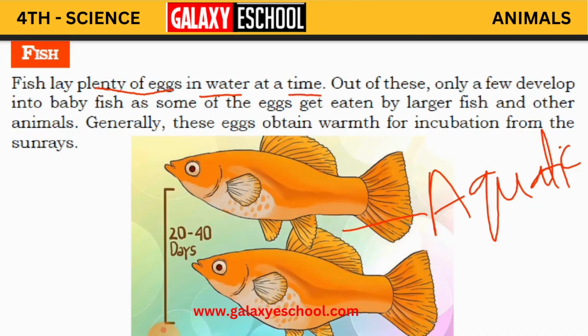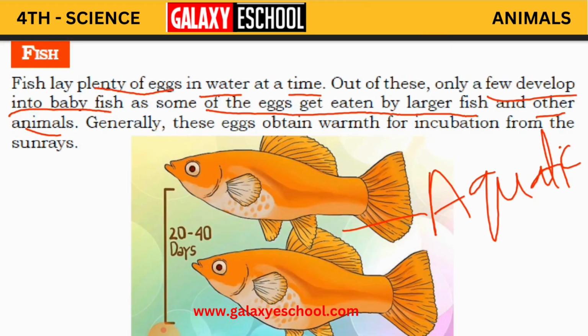Out of these, only a few develop into baby fish, and some of the eggs get eaten by larger fish and other animals. See children, how sad it is. Fish lay so many eggs, but in water you have got so many other animals, like sharks, whales and other large animals. Some of these eggs are eaten by larger fish and other animals.